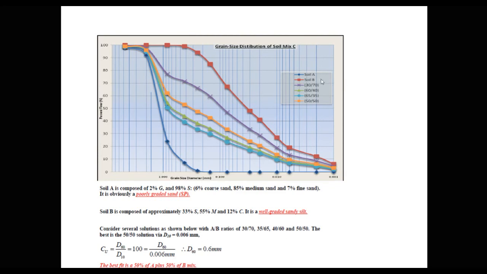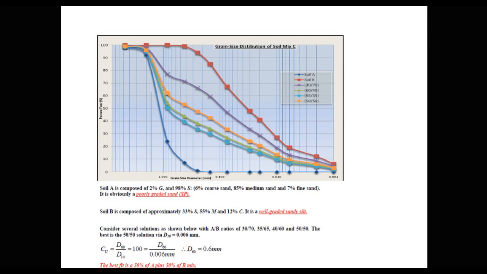So to do this, the coefficient of gradation as well as the uniformity coefficient were obtained for various combinations. As you can see, there's 30% soil type A, 70% soil type B. Then the other combination was 60-40, the third one was 65-35, and the fourth one was 50 and 50.